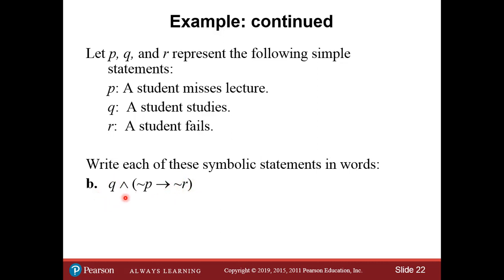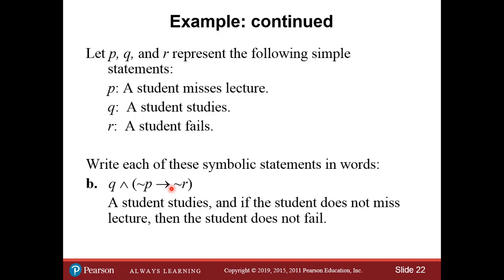So this is saying that the student studies, and if the student doesn't miss lecture, then the student does not fail. Okay, the student studies, comma, and if the student does not miss lecture, then the student does not fail. Okay, so again, make sure you know where the comma goes. And the comma goes here too for the implication.